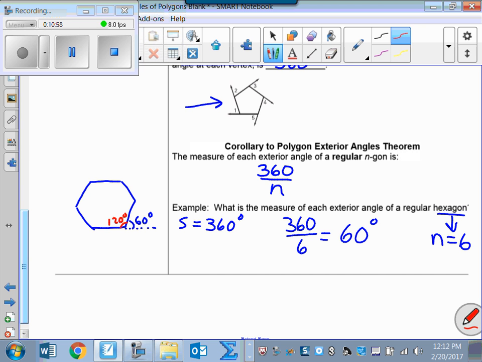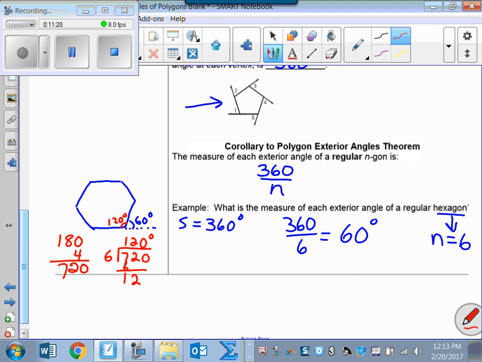Let's see if our formula would actually give us that. If we want to find the sum of the measures of the interior angles of a hexagon, it's going to be n minus 2, which is 6 minus 2, which is 4. 4 times 180 is 720, right? So then if I want to find what each interior angle measures, I've got to divide that by 6. 6 into 720, it's going to go 6, 12, 120.